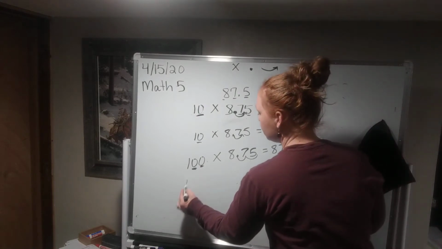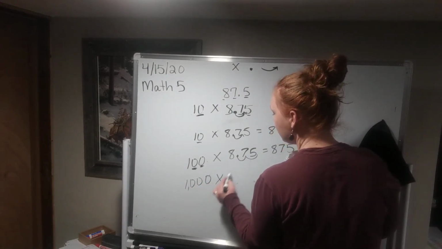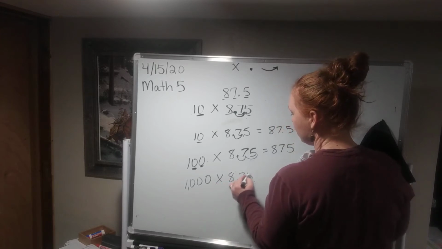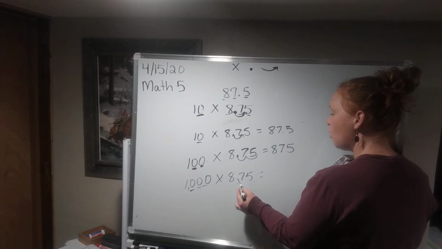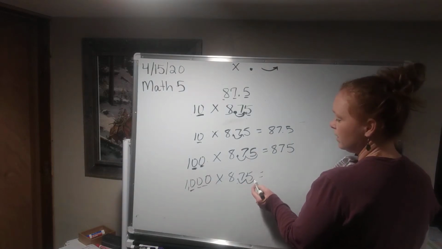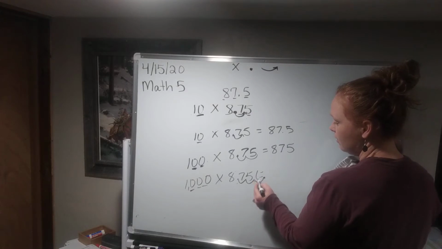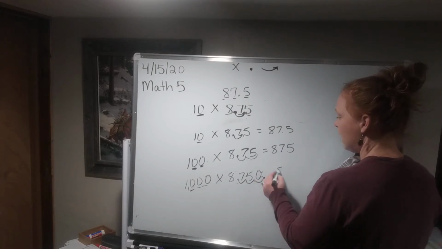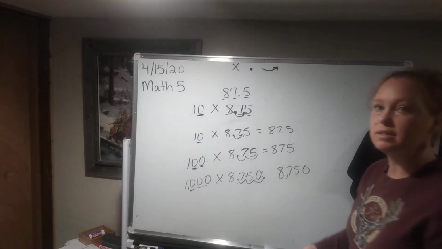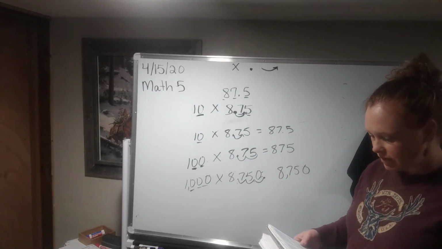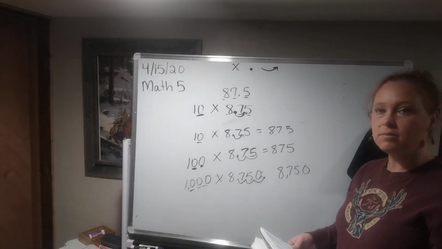Let's do 1,000. 1,000 times 8.75. Well, how many zeros do I have? I'm moving to the right. 1, 2. What do I do here? I just add a spot for a 0. So 8,750. Okay? So that is multiplying.